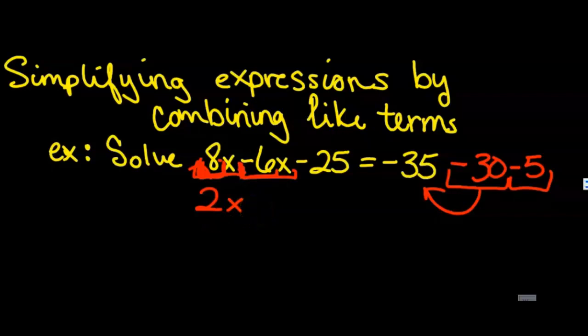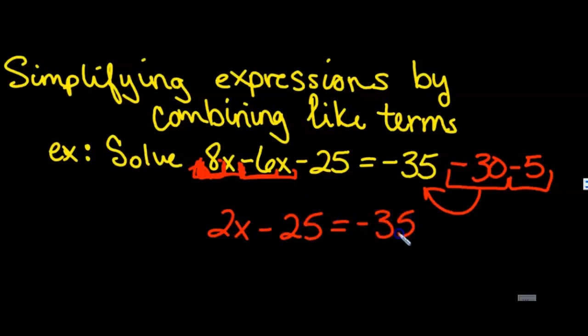All right, after combining the like terms, we're going to go ahead and rewrite everything down. So we have 2x minus 25 equals negative 35. Now we're ready to actually solve the equation because both sides of the equal sign are simplified.